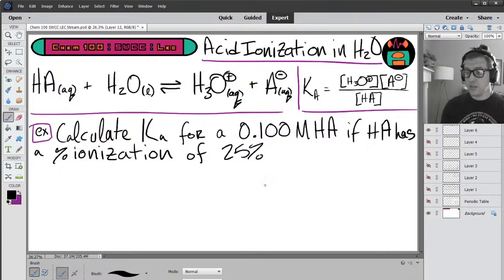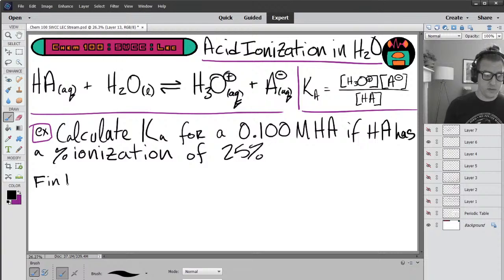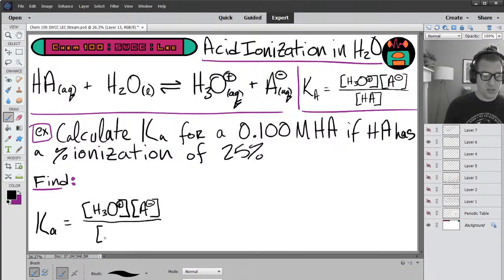All right. So, first off, let's identify what we're trying to find here. We're trying to find Ka, and Ka, based on the above equation, is equal to the concentration of hydronium times the concentration of the conjugate base over the concentration of HA.